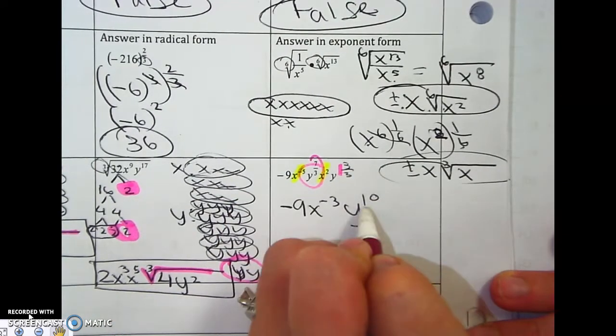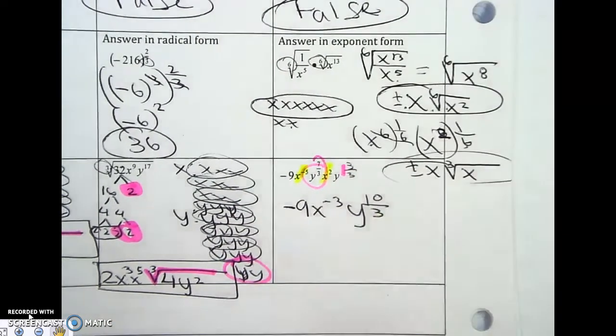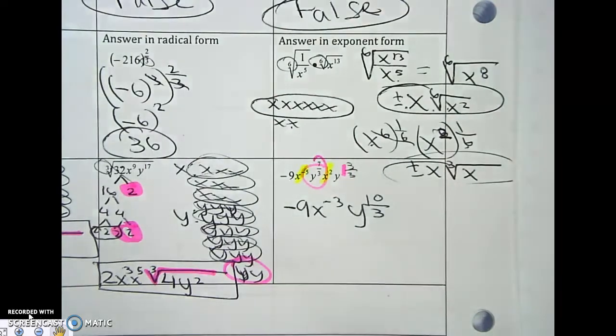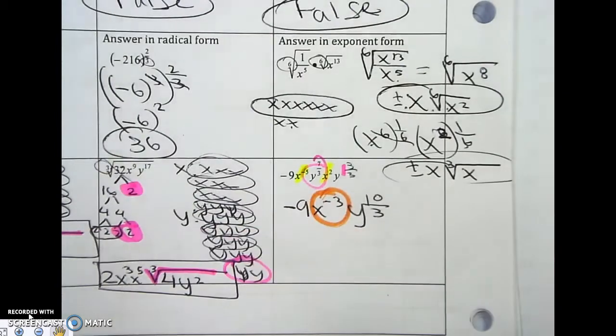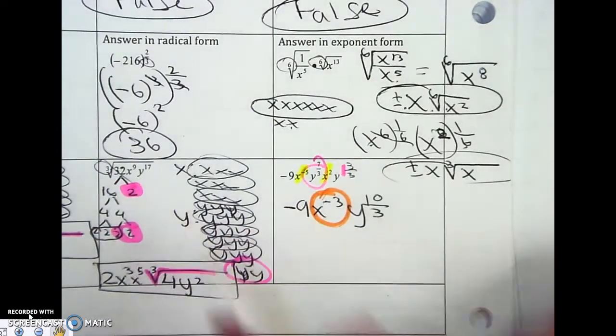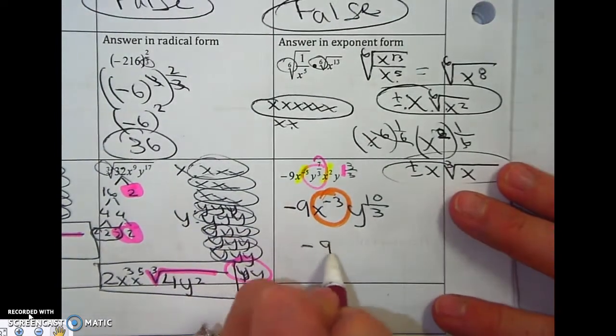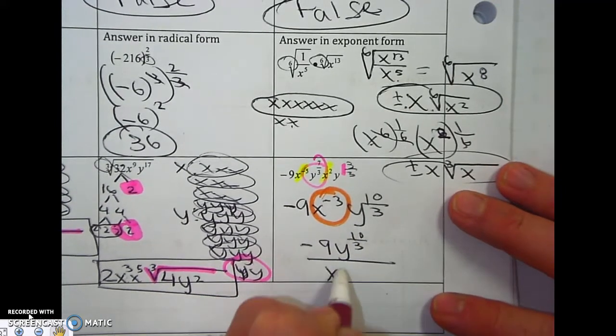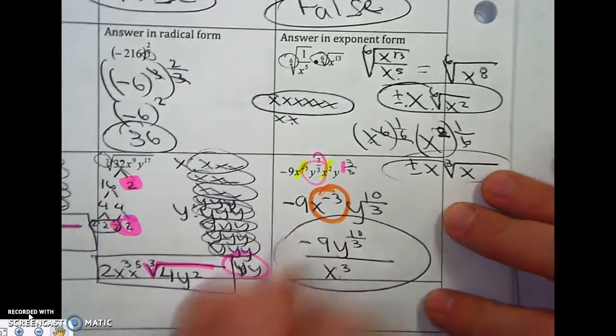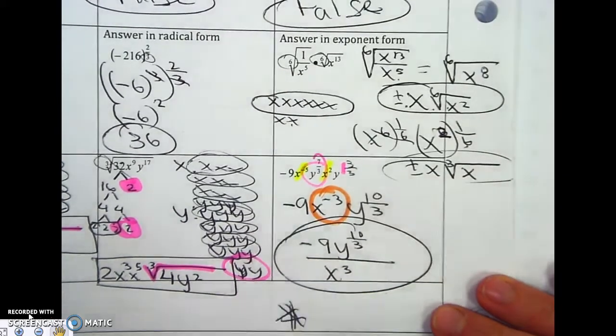So that's 10/3. Okay. Now what I'm going to do is, the only thing I don't like is that this negative is on top. This is fine because this is a number. So I'm going to bring it downstairs. And I'm done.